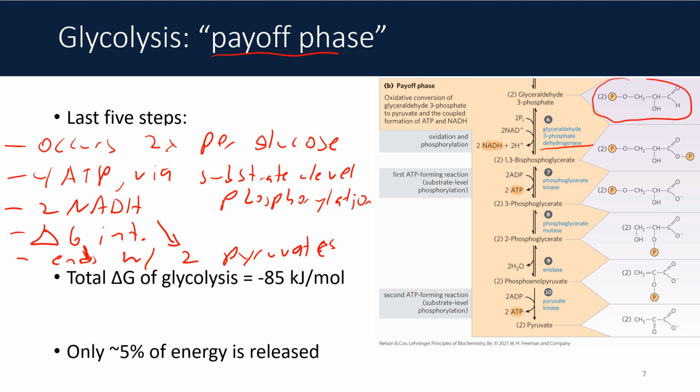This will constitute our first oxidation event and will net us 2 NADHs, one for every glyceraldehyde 3-phosphate. And because this molecule is so reactive, we're able to sneak in two inorganic phosphates for free, bringing us from G3P to 1,3-bisphosphoglycerate. There are now two phosphates on both 3-carbon sugar acids, hence the 2.